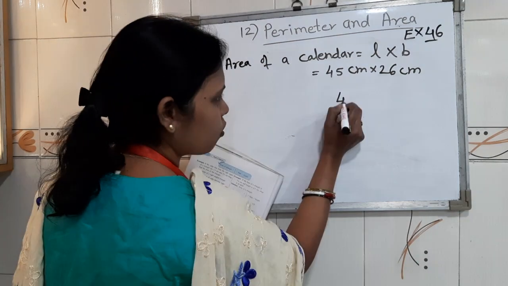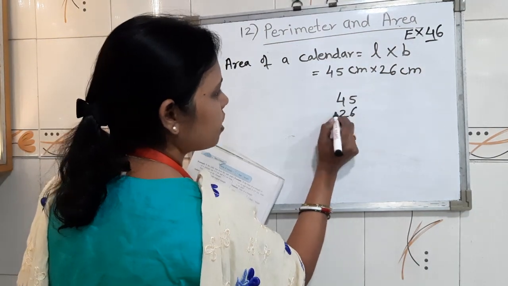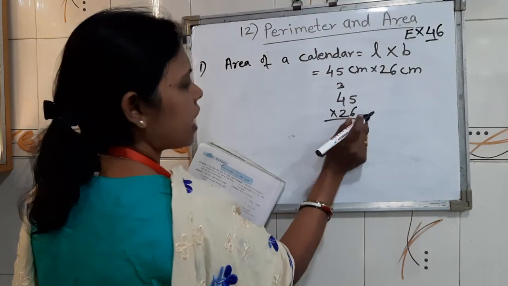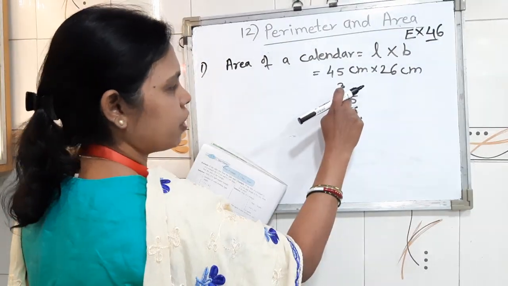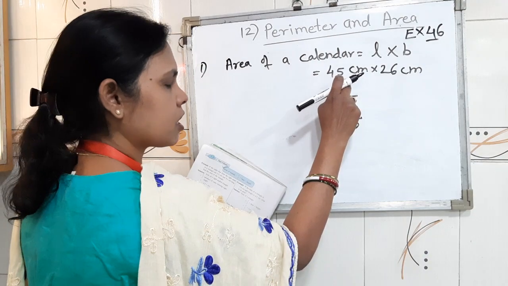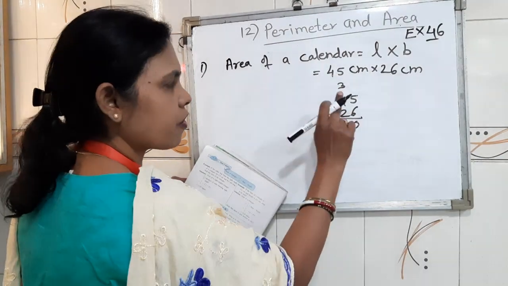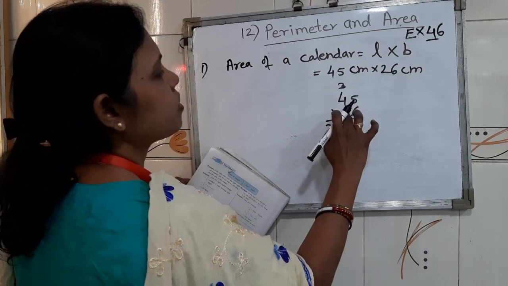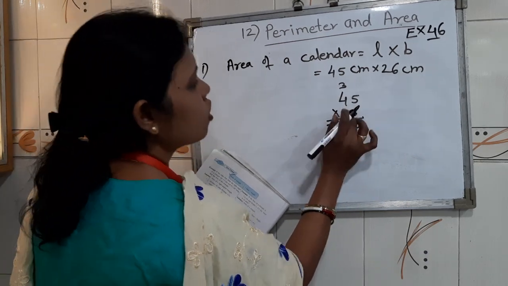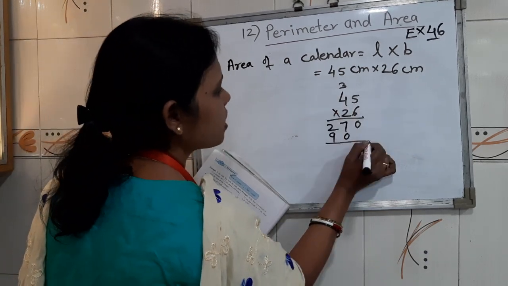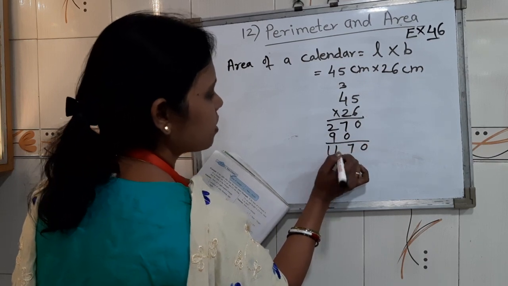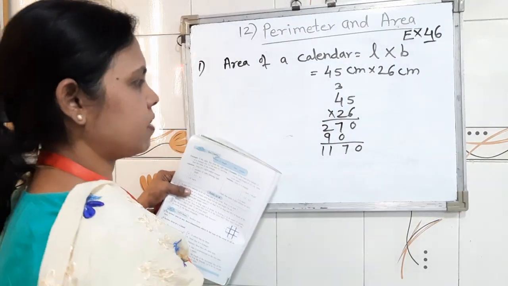Now multiply 45 and 26. 6 times 5 is 30, 0, carry 3. 6 times 4 is 24, 24 plus 3 is 27. 2 times 5 is 10, 2 times 4 is 8, 9. Then 0, 7, 9 plus 2, adding we get 11.